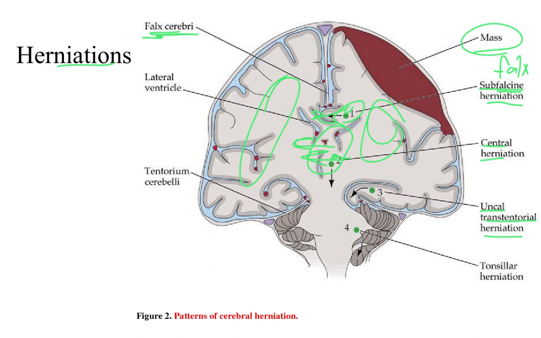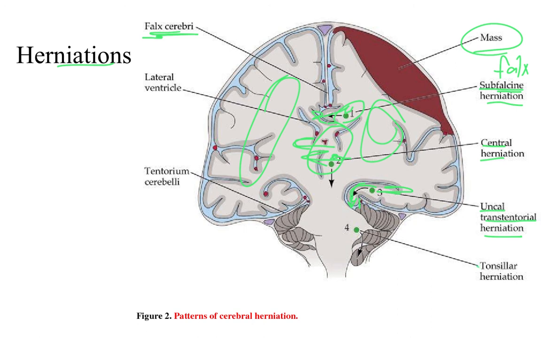So uncal refers to a specific part of the brain, and that specific part of the brain is being squeezed over the tentorial membrane, that tentorium cerebelli that we talked about. All right, so that would be herniating in this direction. So it's supposed to be part of the cerebrum, but it's being smashed down into the cerebellum.